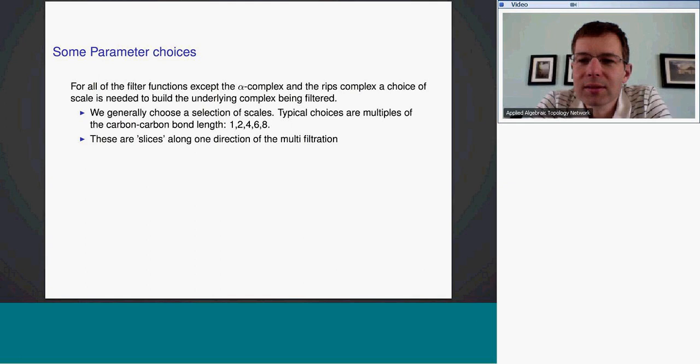I have sort of one giant multi-filtration, but what I'm going to do is fit various parameters and take single lines through this multi-filtration, with a bunch of different choices, to control it in some sense. So choose things like multiples of the carbon-carbon bond length, because that seems a very natural unit in this problem.